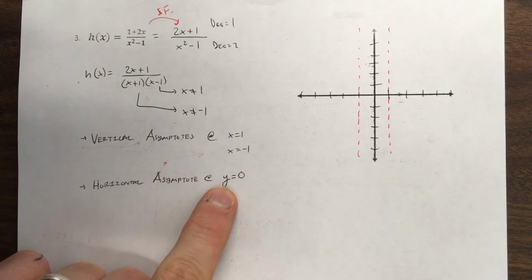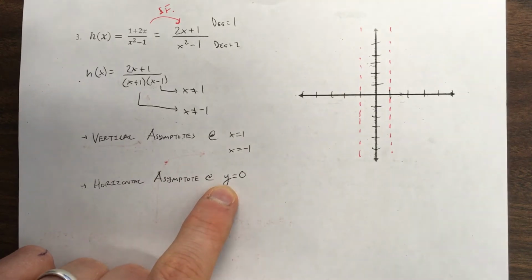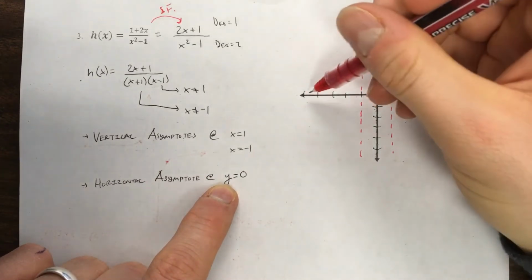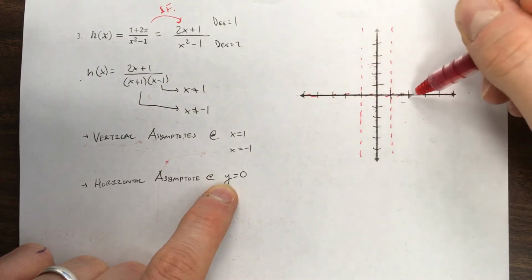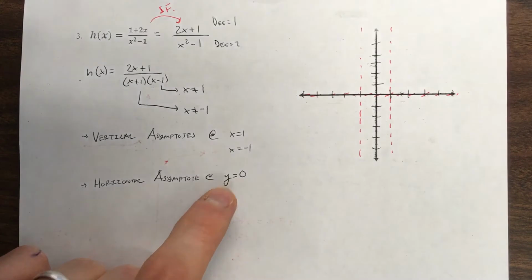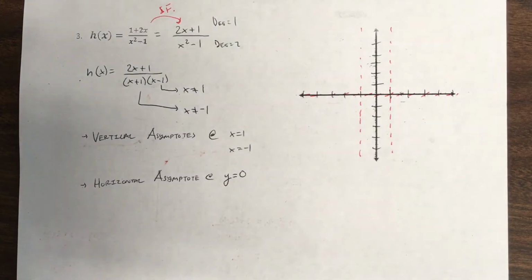And we have a horizontal asymptote y equals 0. Where does y equal 0? On the entire x-axis. I'm just going to draw it up a little bit so we can see a horizontal asymptote there. So that takes care of our asymptotes.